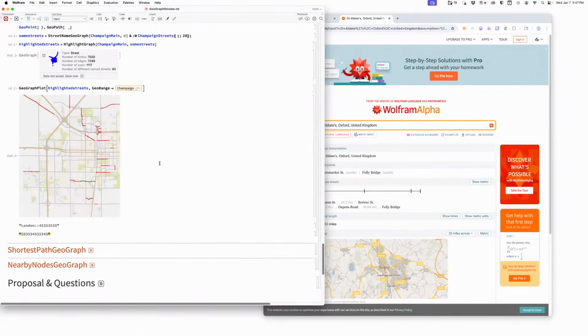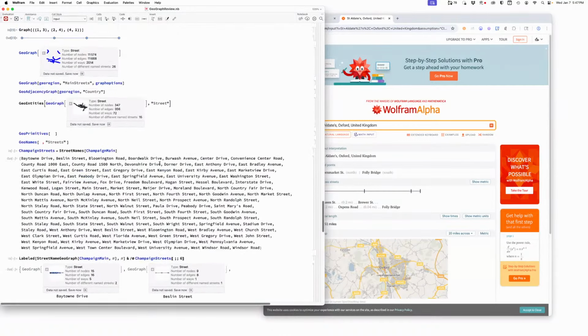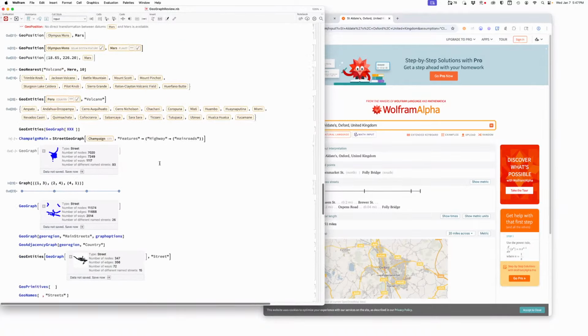Okay. What else should I look at here? So basically we're agreeing then that we do not need a separate one, we're going to use geoentities to return entities. And remember, instead of entities, we could have those external identifier things, right?